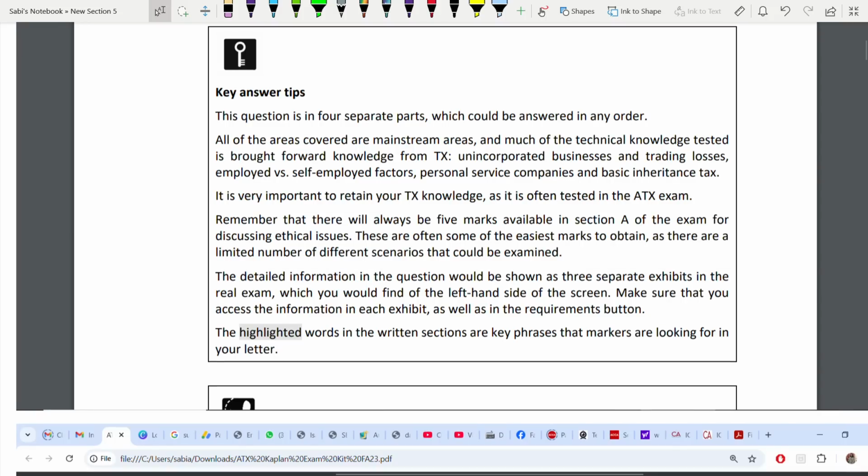Some key areas I want to tell you: there are some areas that are extremely tested in tax, not so much asked in ATX, but your tax knowledge will be brought forward, like unincorporated business, trading losses, employment versus self-employment, personal service company, basic inheritance tax. All these are brought forward knowledge from tax.